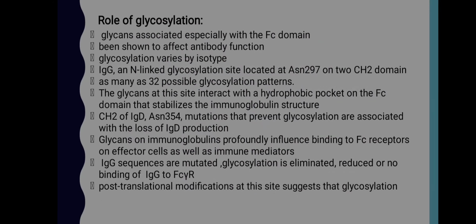Role of glycosylation. Glycans associated especially with the FC domain affect antibody function. Glycosylation varies by the isotypes.